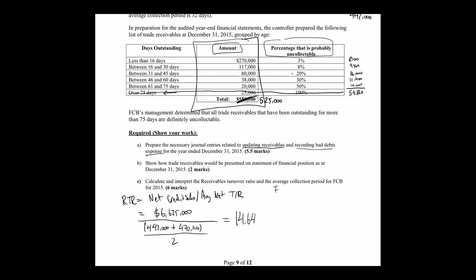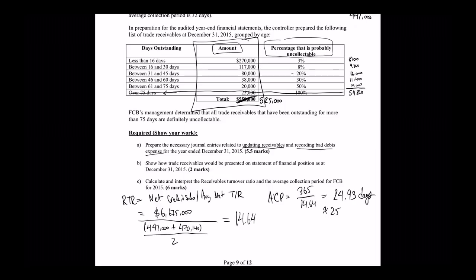The average collection period is 365 days divided by 14.64. So 365 divided by 14.64 gives us 24.93 days. So on average, they collect every 24.93 days, or you could say 25 days at that point.